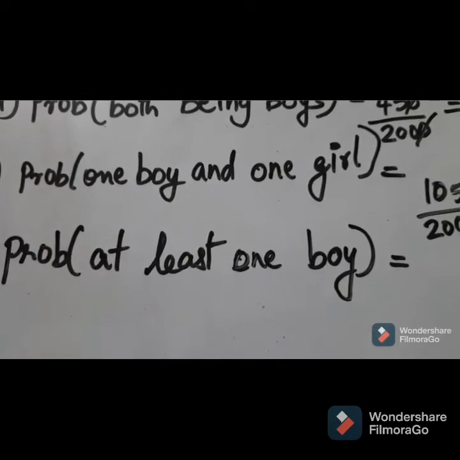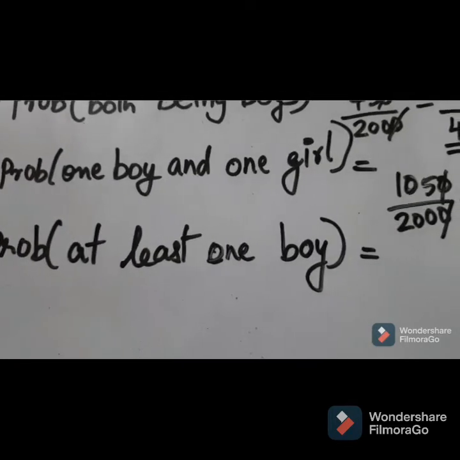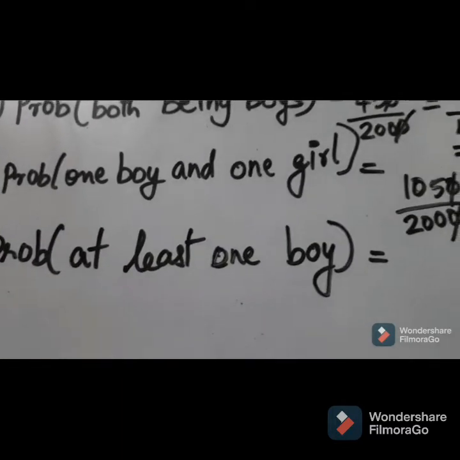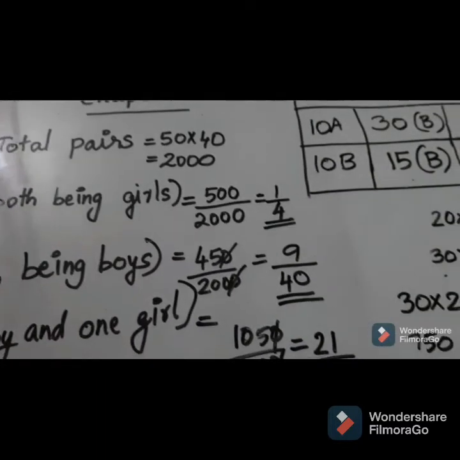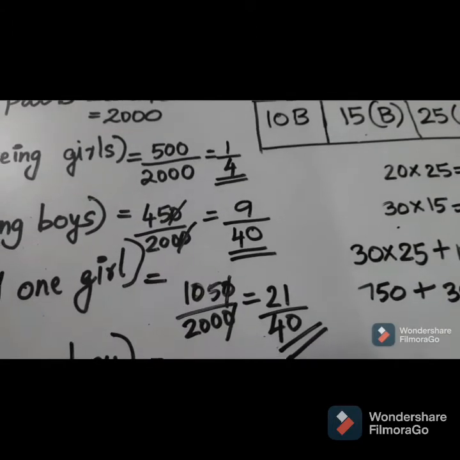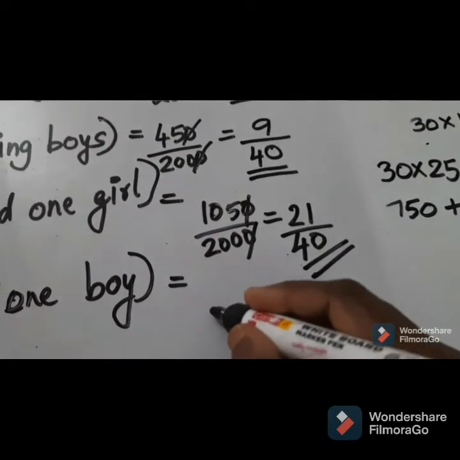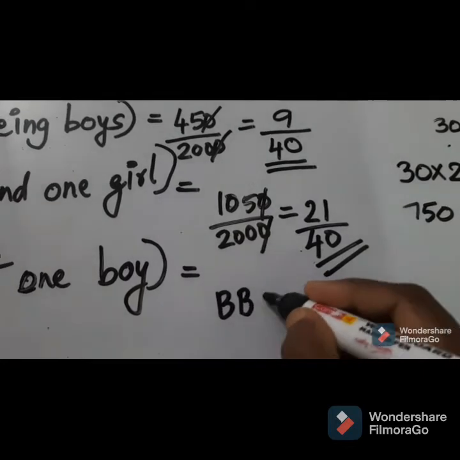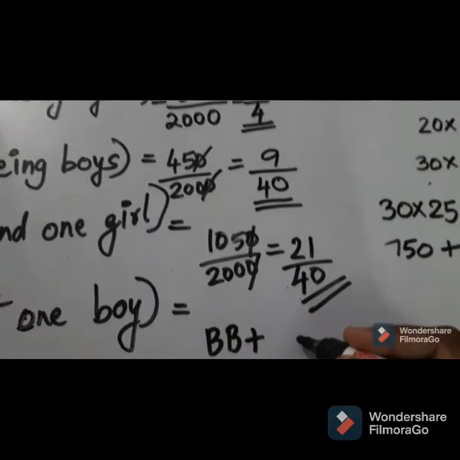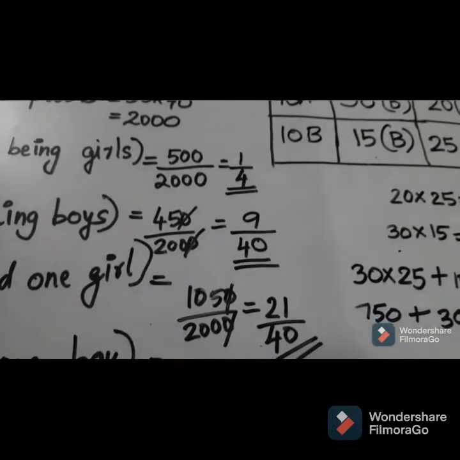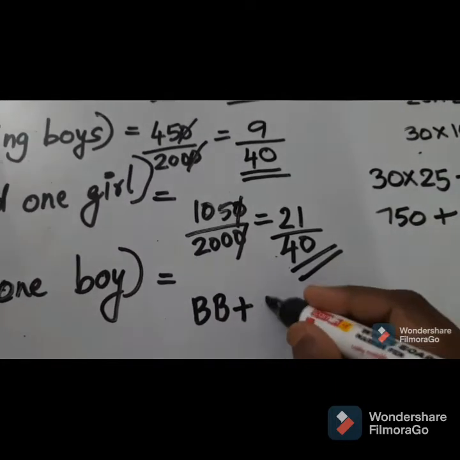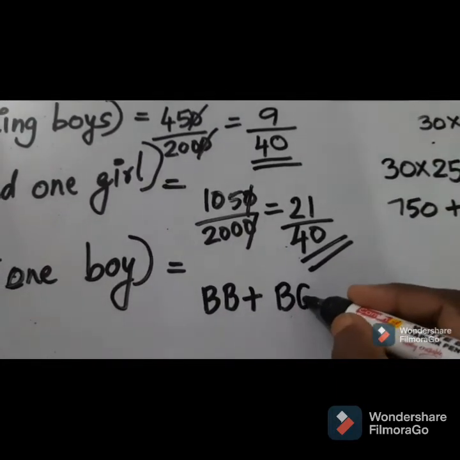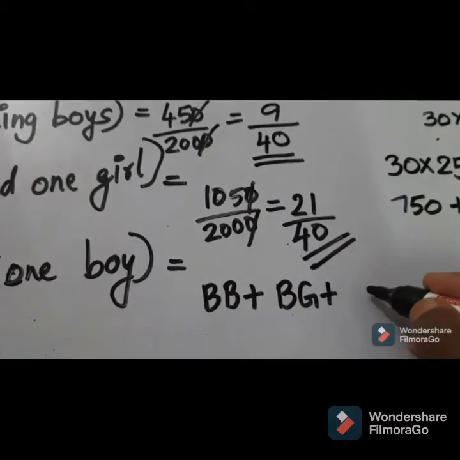Now the next is at least one boy, minimum one boy. That means in this combination, boy and boy, there is at least one boy. Then next combination, boy and girl, that combination also you will get one boy.